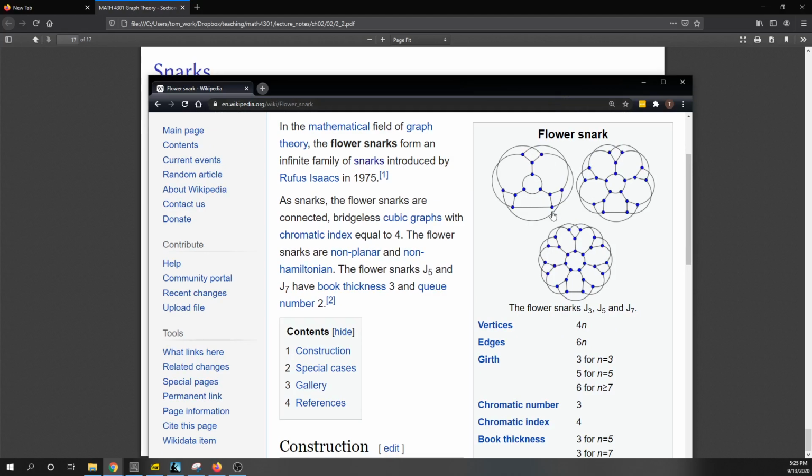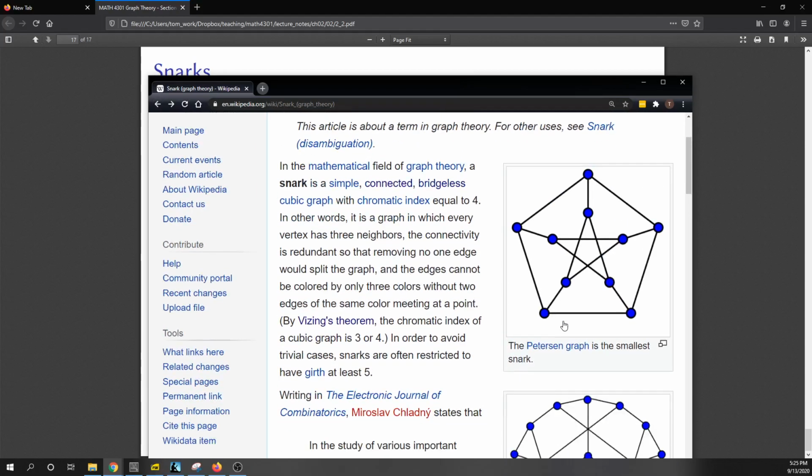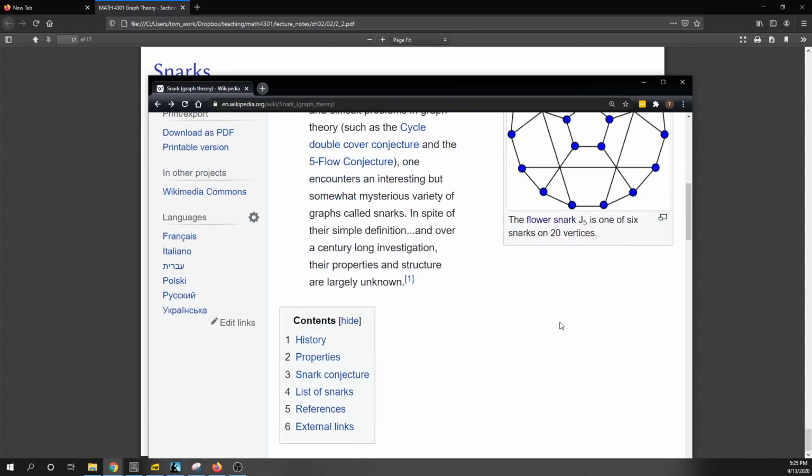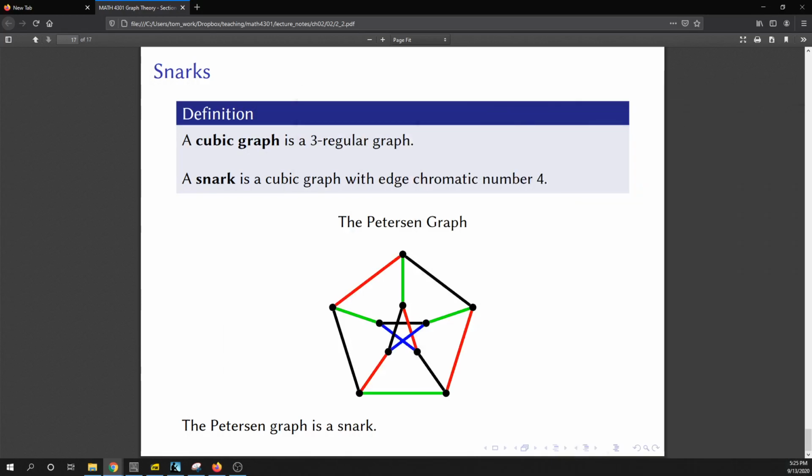And the Petersen graph was the only known one of these for quite a while. And so it's been a pretty interesting area of research. So I just want to mention that because it's got some pretty neat looking graphs and pretty neat looking results in this area here.